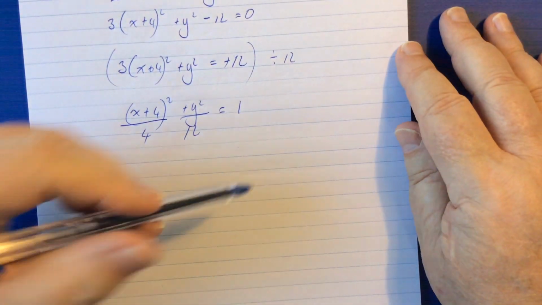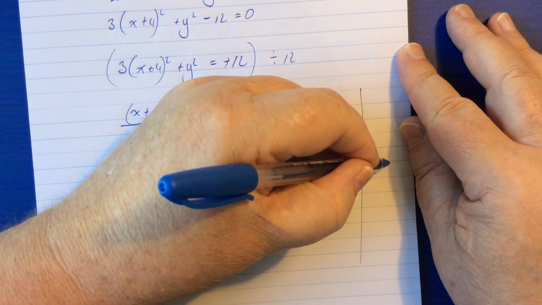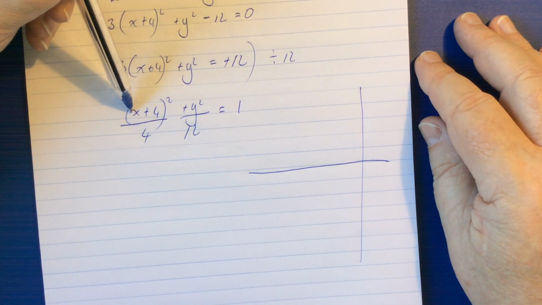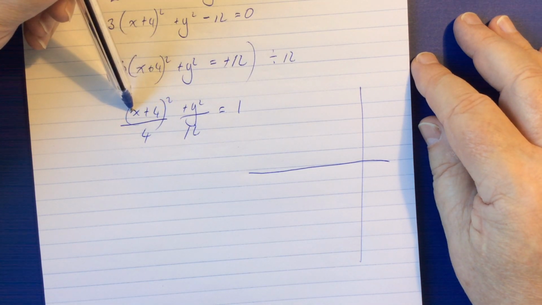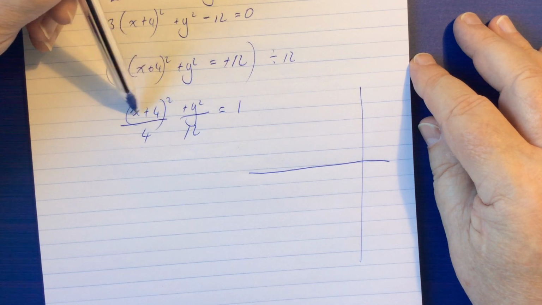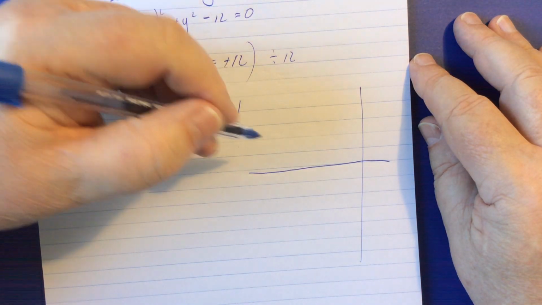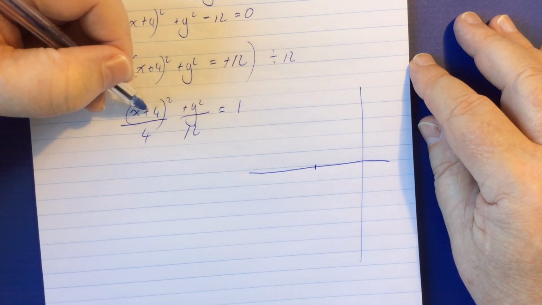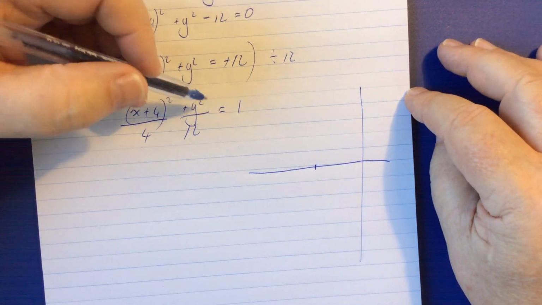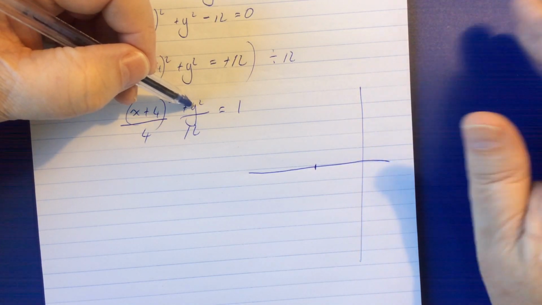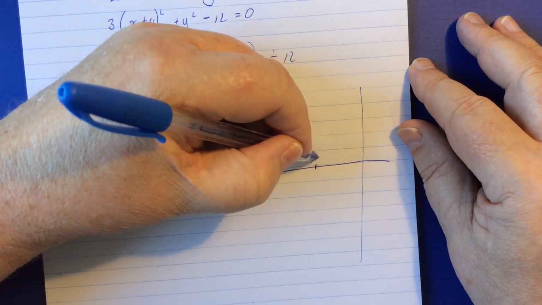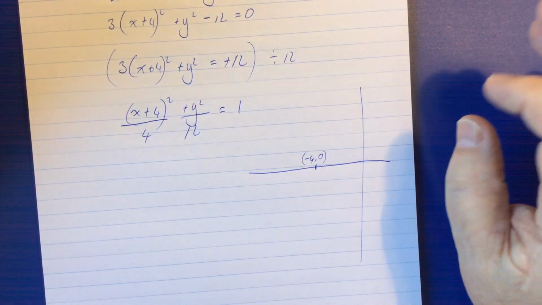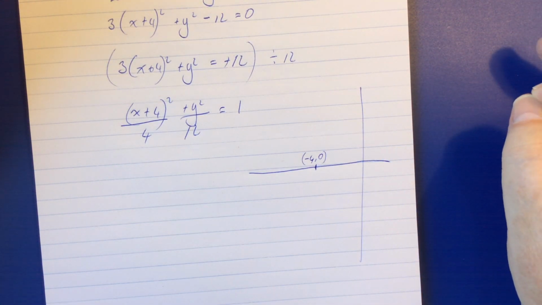And I'm just going to attempt to sketch the graph of it quickly here. The way in which we make this bracket equal 0 is we make x equal negative 4. So that puts our point here at negative 4 on the x-axis. How we make y equal 0 is we simply make it equal 0. So this point here is negative 4, 0, and that is the center of the ellipse.